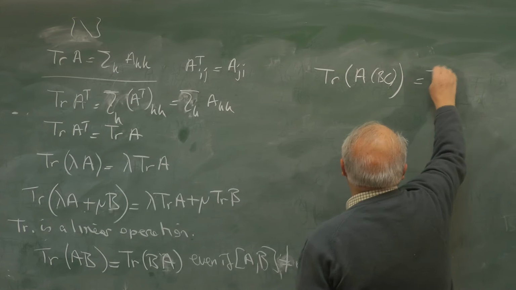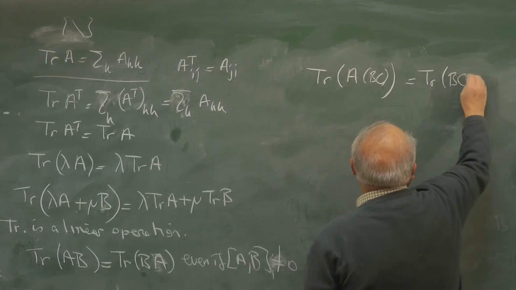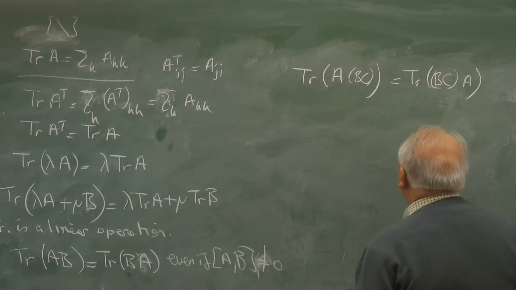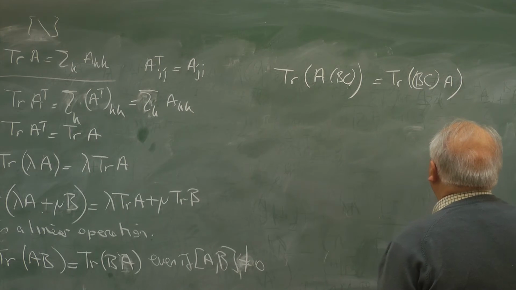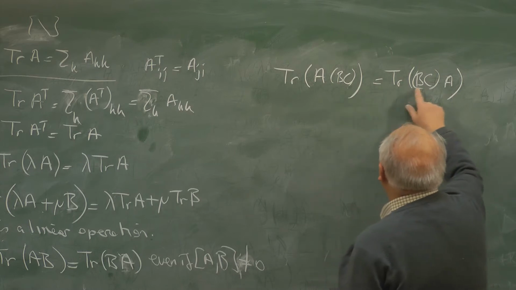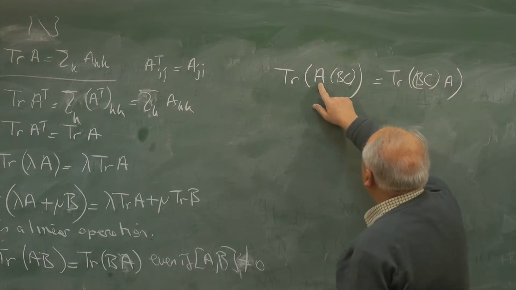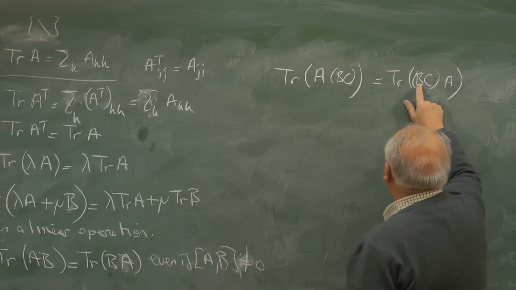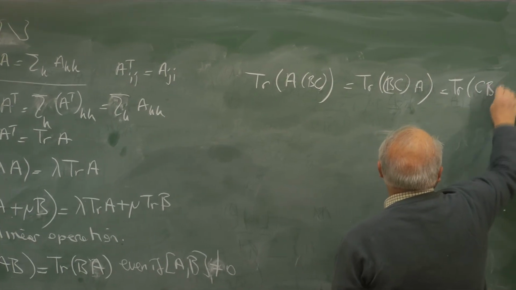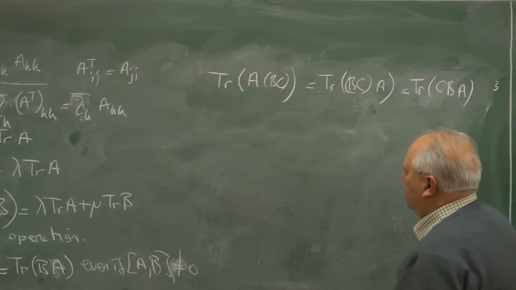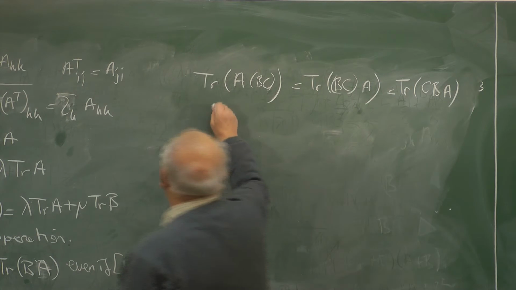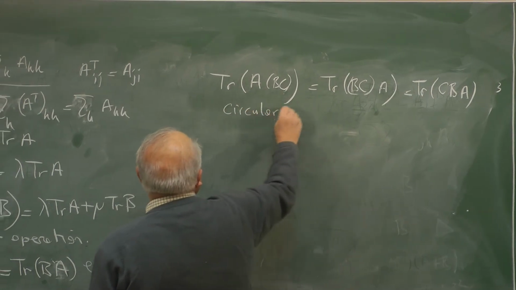Therefore, this is equal to trace BCA. So ABC, BCA. So the first one can be put to the last. So here B is the first one. It can be put to the last. So it is equal to trace CBA. So you can cyclically or circularly permute. Circular permutation.